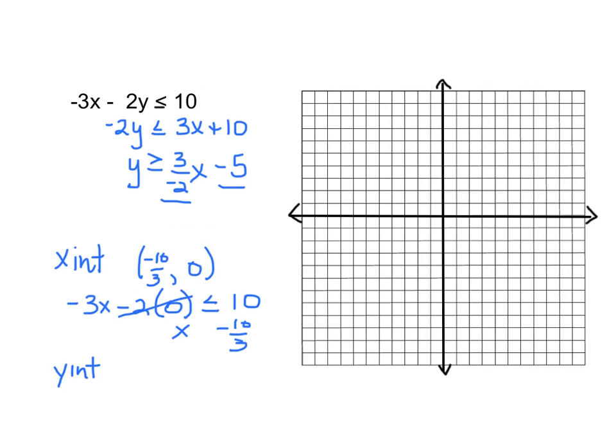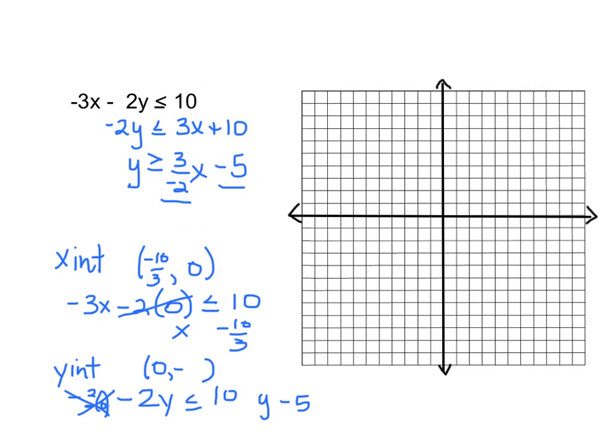The y-intercept is when the x is 0, and instead of x I want to plug in a 0, that will cancel. Divide by negative 2, and y is going to be negative 5. Okay, so I'm going to go back and plot this, and then I'm going to show you how these end up being my intercepts.